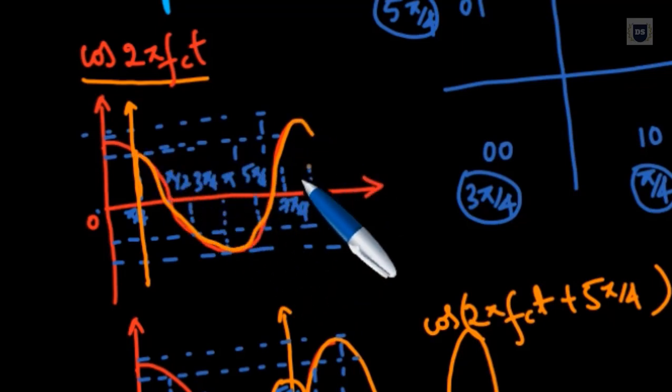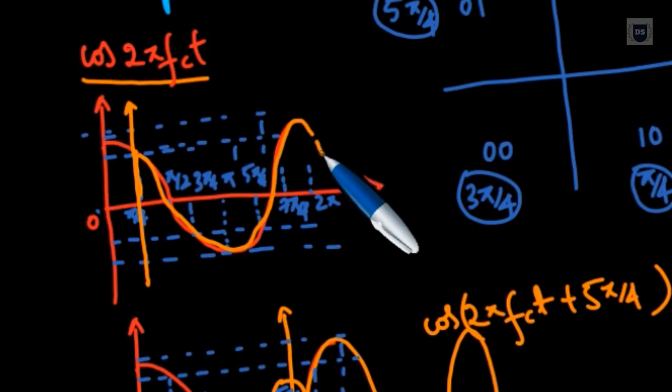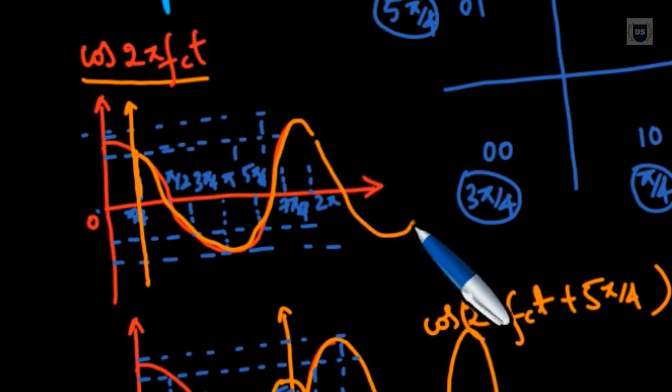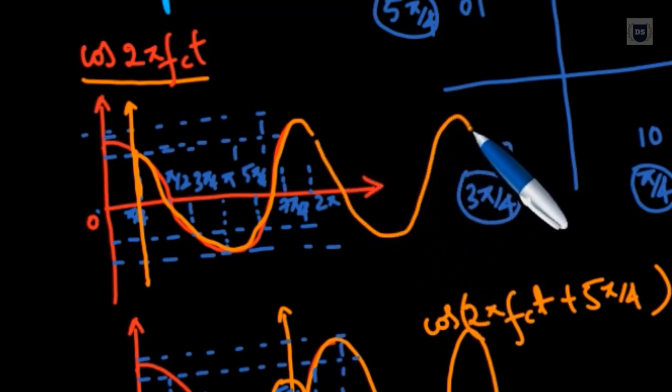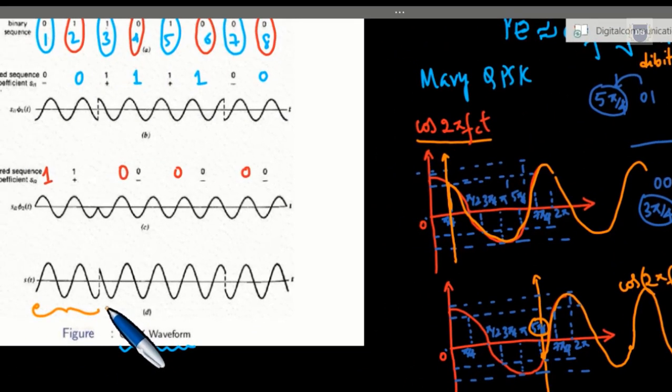So this completes one full cycle. Likewise, I got to repeat it for one more TB interval. So we are trying to depict the same thing from here to here.